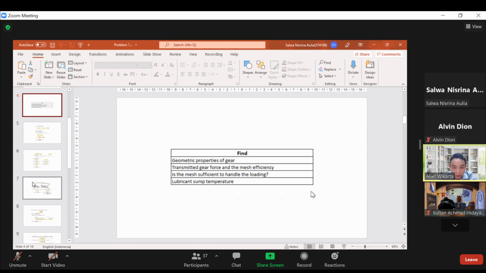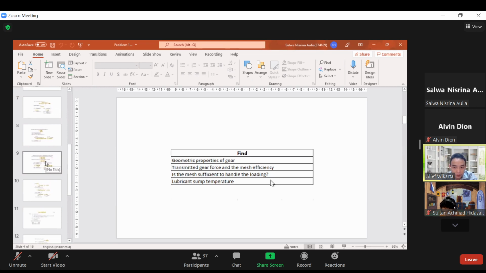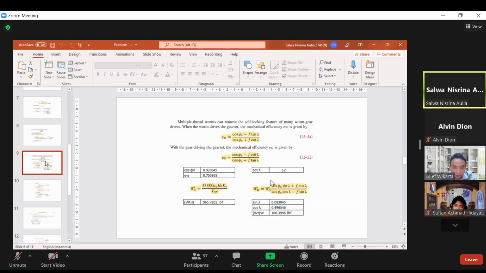Okay, and then the next one is transmitted gear force and mesh efficiency. So how do we determine the transmitted gear force and mesh efficiency? This is the calculation of the efficiency, because the problem is from worm to gear. We use this equation, efficiency of worm, like that.